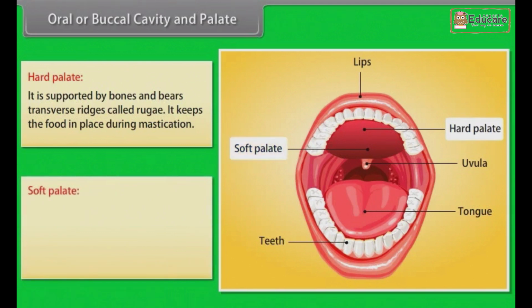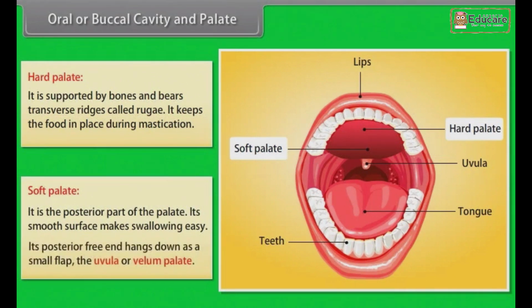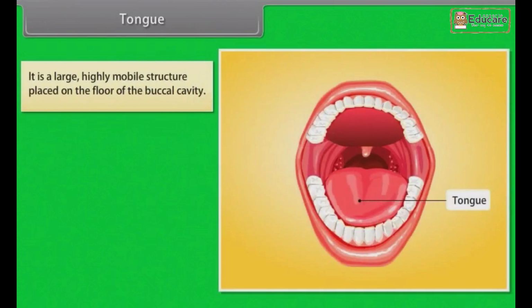Soft palate. It is the posterior part of the palate. Its smooth surface makes swallowing easy. Its posterior free end hangs down as a small flap, the uvula or velum palati. Tongue. It is a large, highly mobile structure placed on the floor of the buccal cavity.